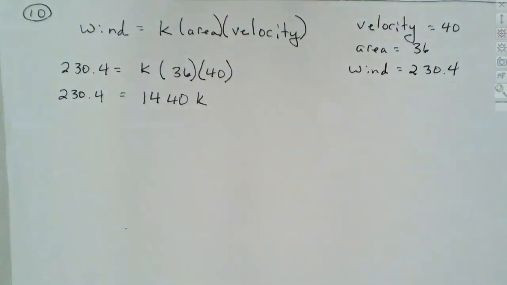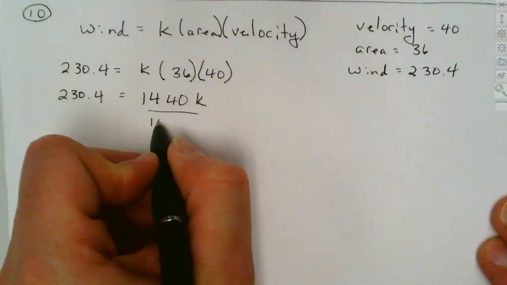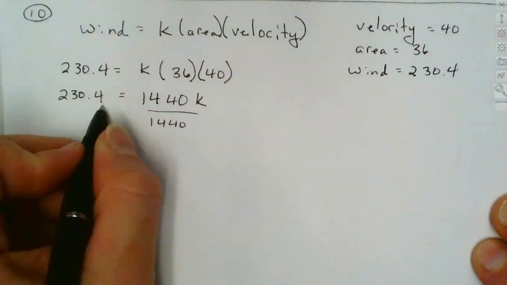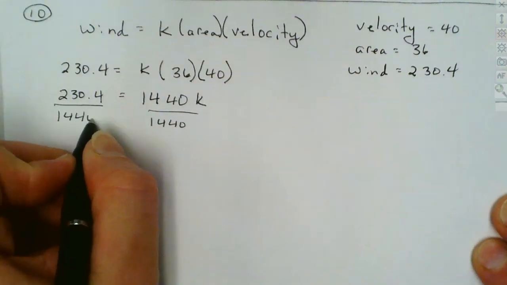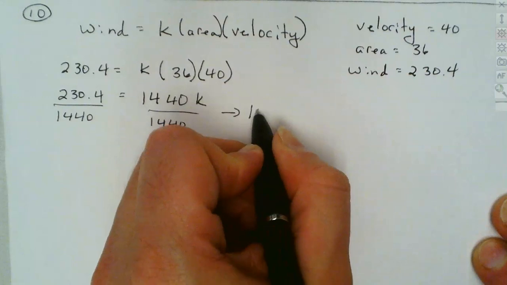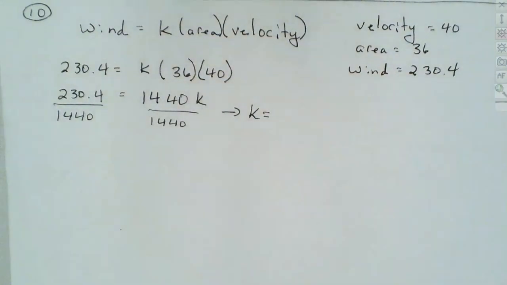And these say round to the nearest tenth. It says in the directions, round to the nearest tenth, unless it's specified otherwise. So we're going to round one more place than what we need. So we'll do 2 places. That way we can round to 1. So we're going to go ahead and divide by that 1440.